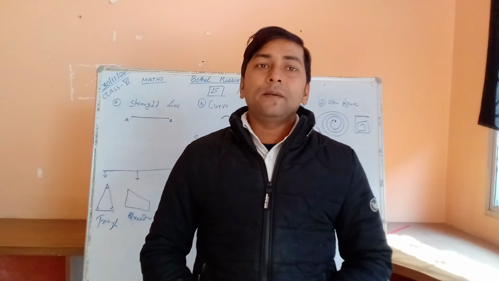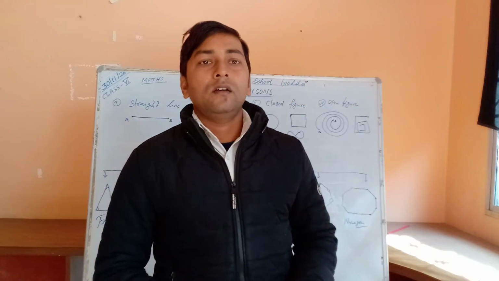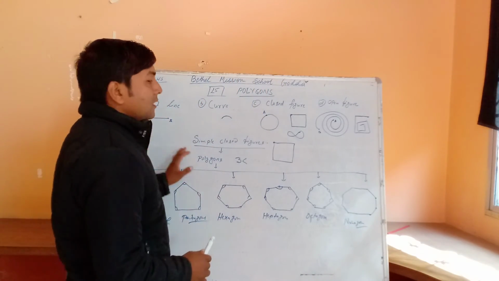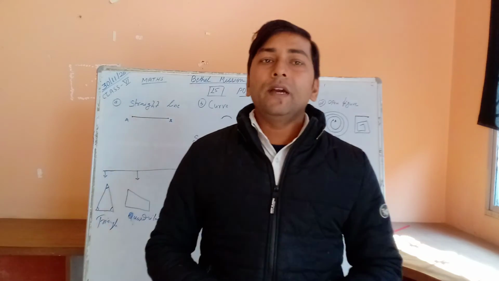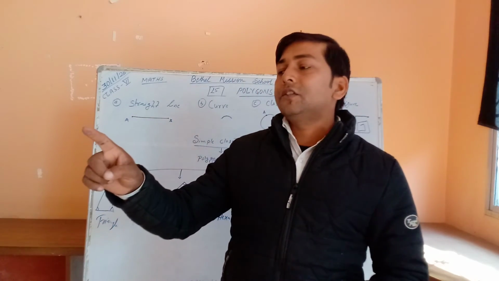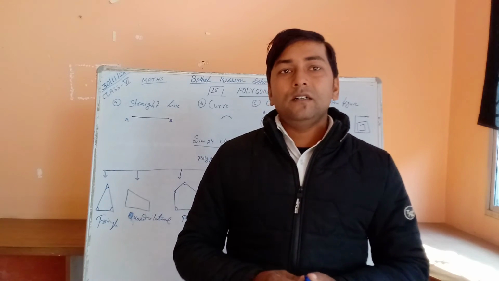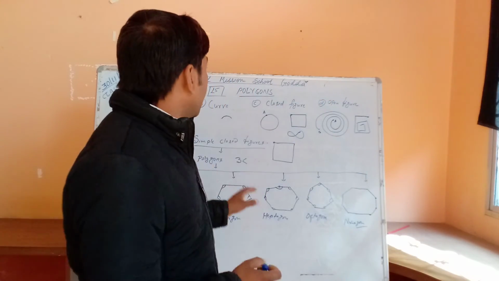Now we summarize the chapter. First we learned about the straight line. When any line is drawn with the help of a scale, that is a straight line.